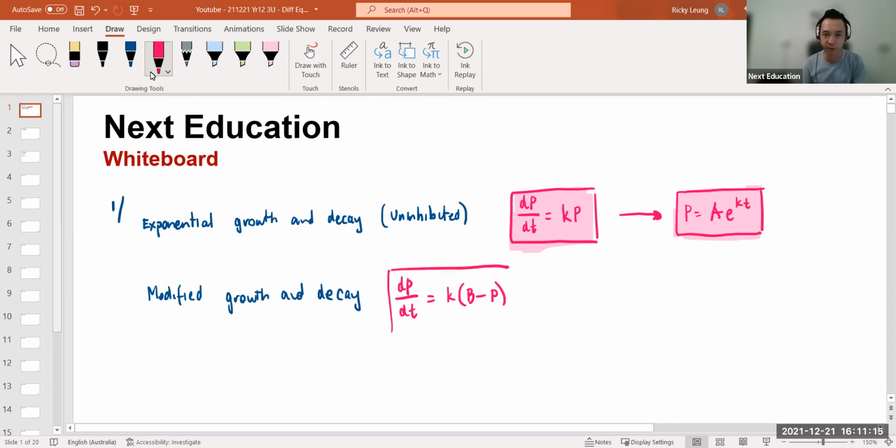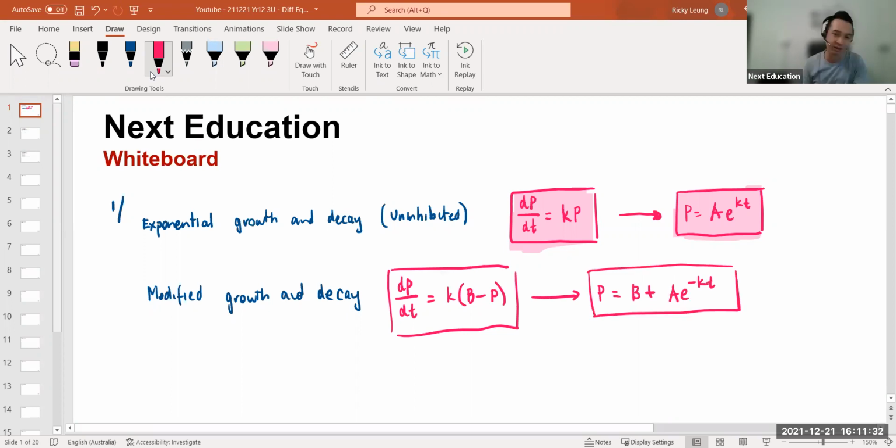If you integrate that as well, you get an exponential, but with an add-on, the constant B.